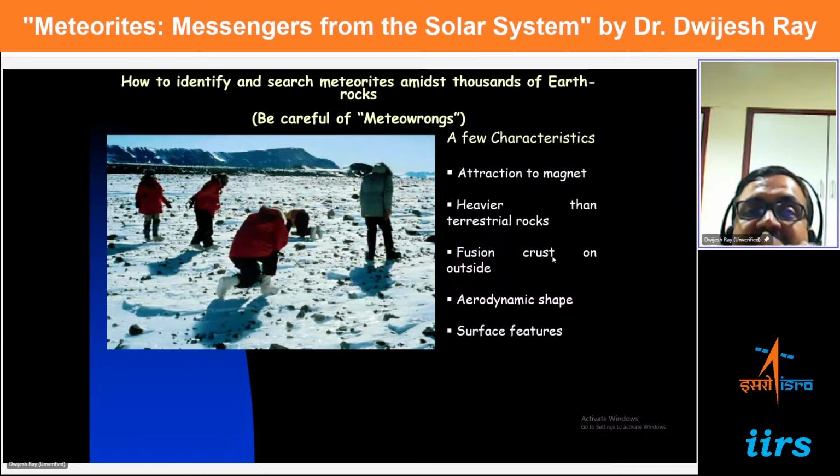You have to remember that. Shape, as I have shown, you can expect some fusion crust, but this also gets weathered over years, millions of years, because we don't know the fall date. So you may not get the fusion crust, because you can expect fusion crust only in a fresh sample.